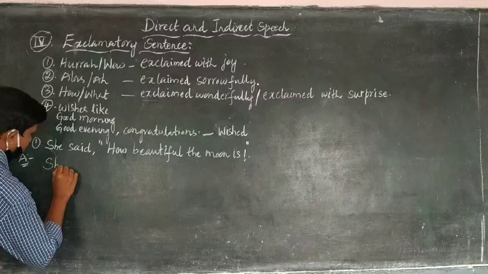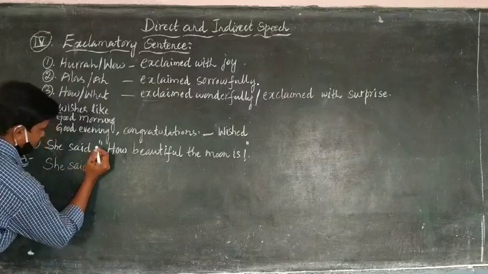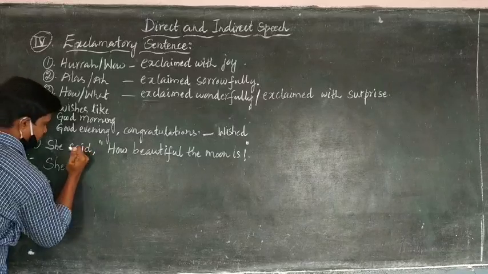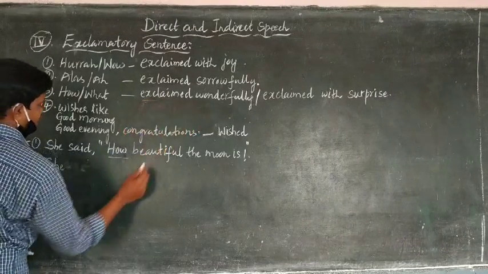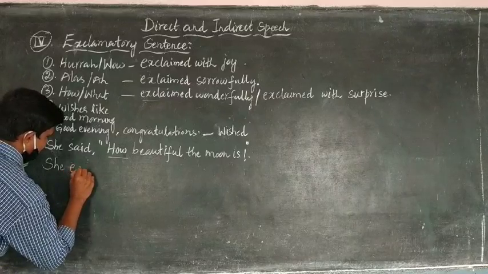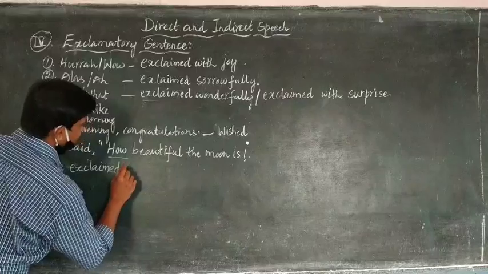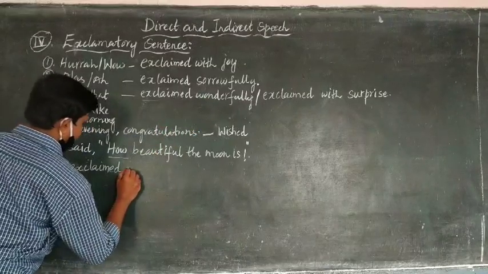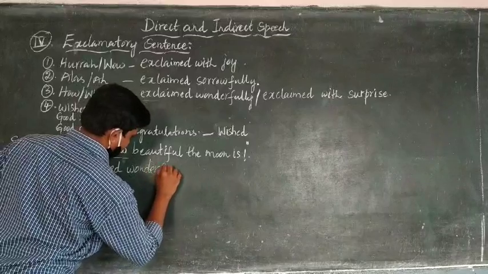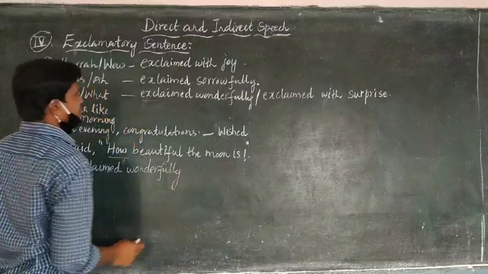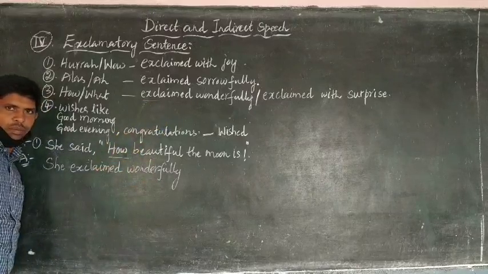She said. Shall we write like that? No. Okay. How is here. That's why we have to write here exclaimed. She exclaimed. She exclaimed wonderfully. So already in the previous class I have given you the meaning of exclaim.